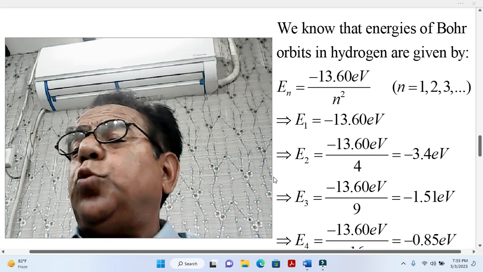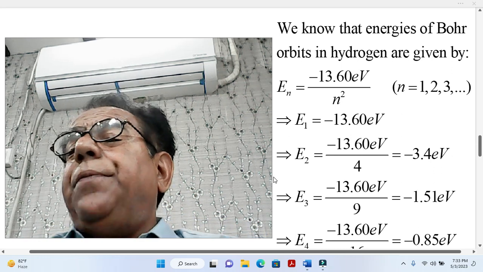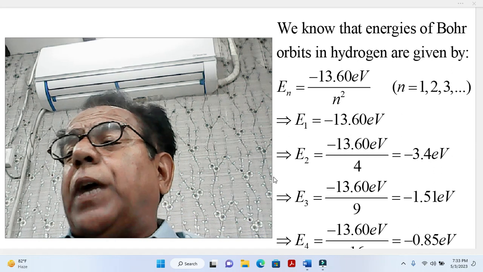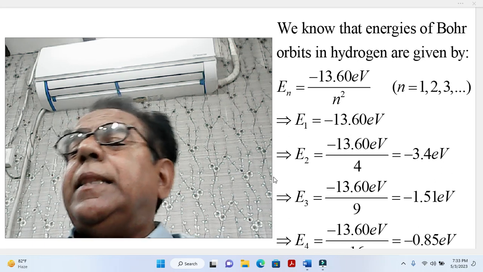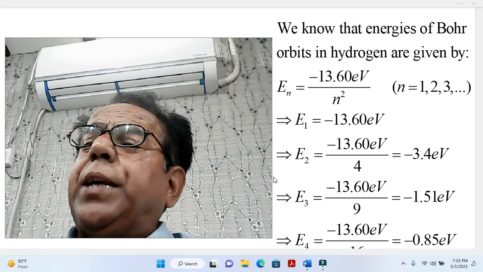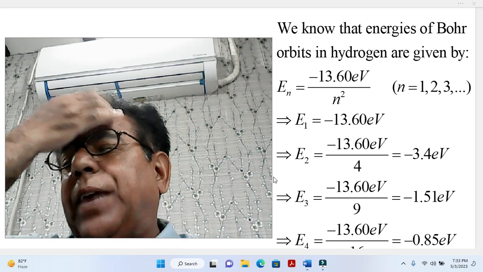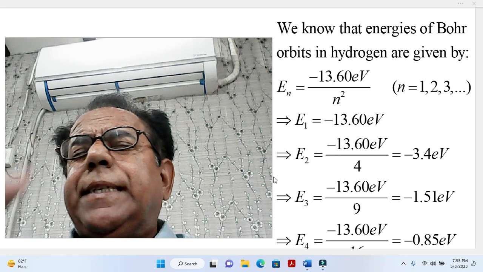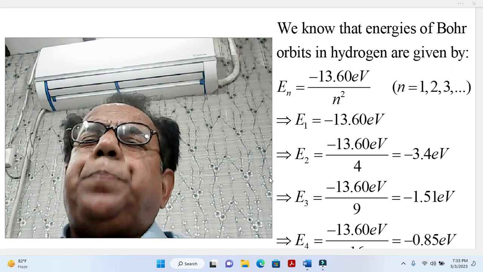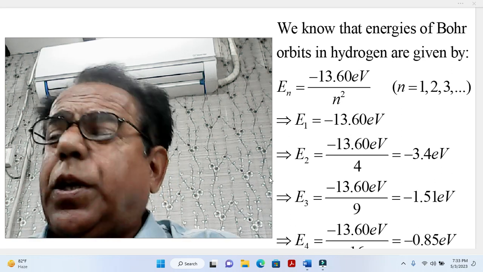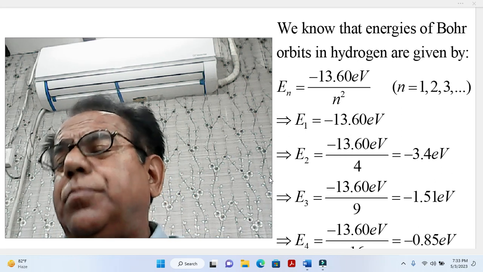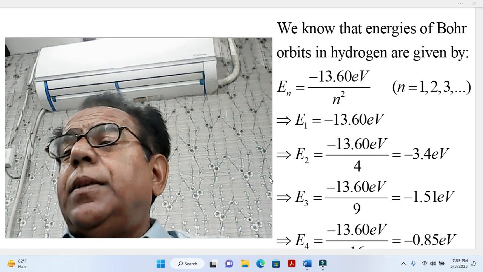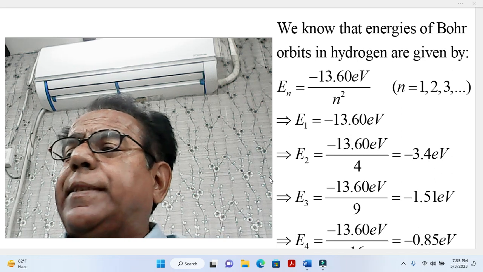Okay, so when we put n equal to 1, then we assume that there is 1 in the denominator, and when 1 is in the denominator, 1 need not be expressed separately. Okay, so the same value becomes its answer, that is 13.60 electron volt.